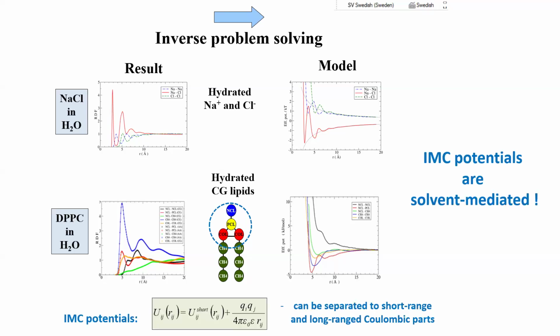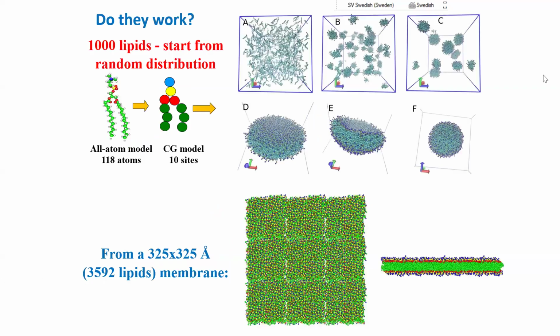Okay, so then how this works, you can see from this slide. So here, for example, there are 1,000 lipids started from random configurations, and they very quickly associate to micelle.